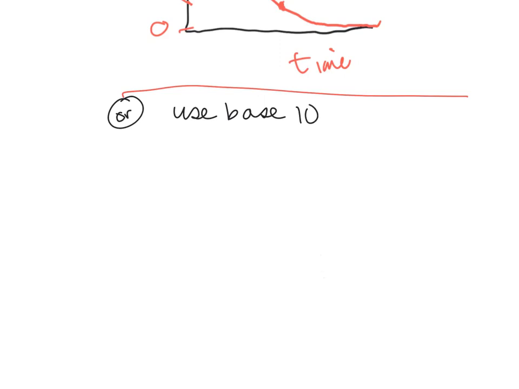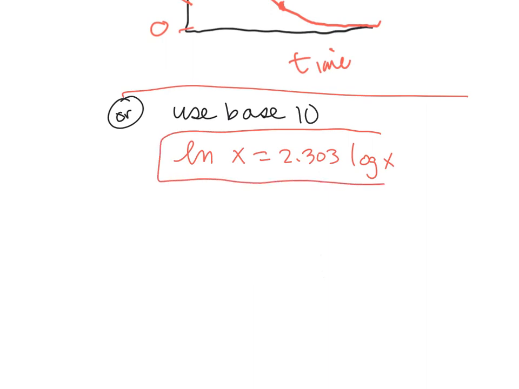So using the law of logarithms, let me do that in red. The natural logarithm of x is equal to 2.303 times the base 10 logarithm of x. This is one of those laws of logarithms that I went over when I did that session on logarithms earlier.